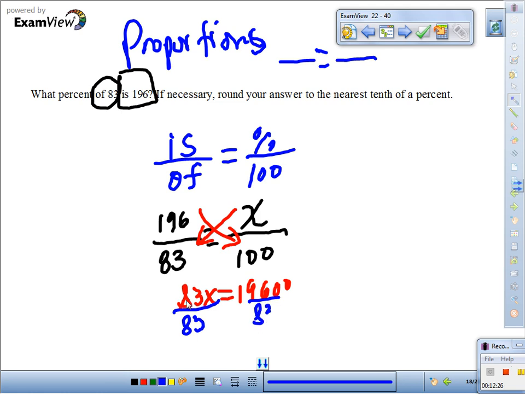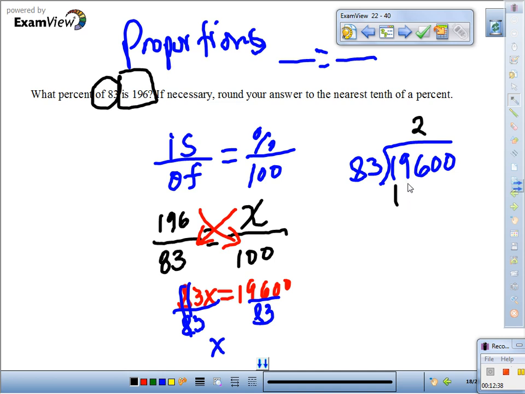Divide by 83. X, let's find out. 19,600 divided by 83. How many times does it fit in 196? 2 times, 166. Subtract, that's 30. Bring down the 0. This one fits in there how many times? 3. That's 249. Subtract, that's 51.